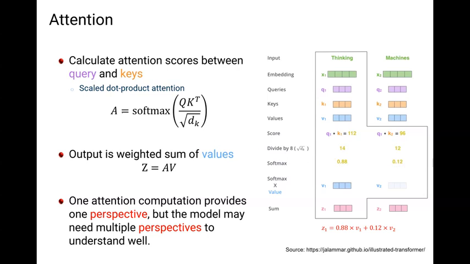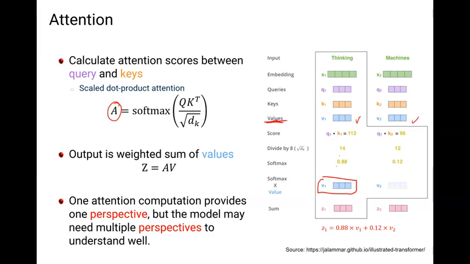Once we have this attention score, we perform a weighted sum. A weighted sum of what? We still have the value vectors.